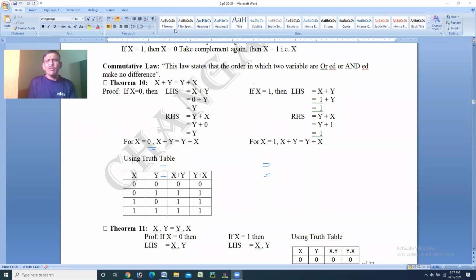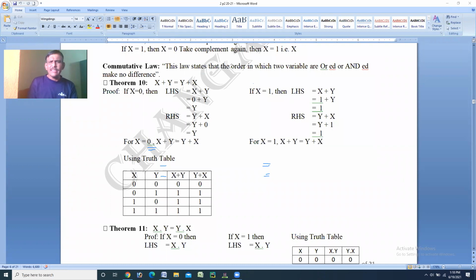So this law is already known to you all, because at high school level you have studied this, commutative law for addition and commutative law for multiplication, both you have studied. So based on that knowledge, again you can prove it here.